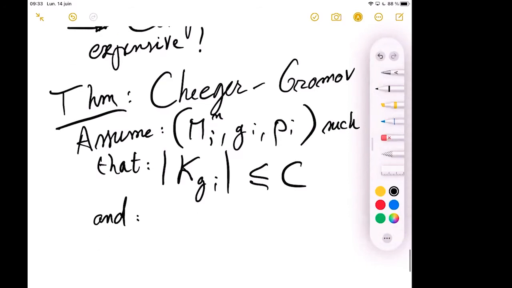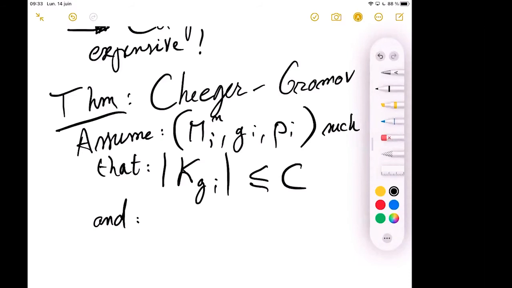And second thing, the injectivity radius of g_i at p_i is bounded from below.